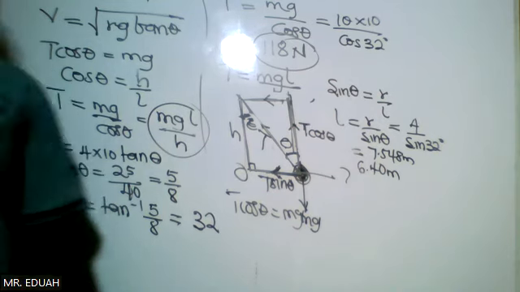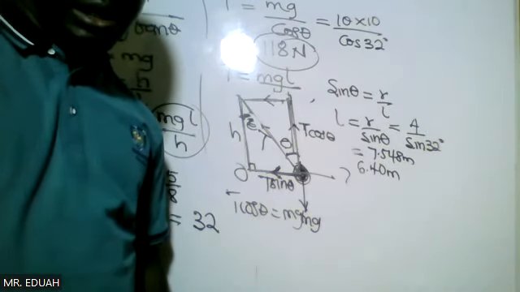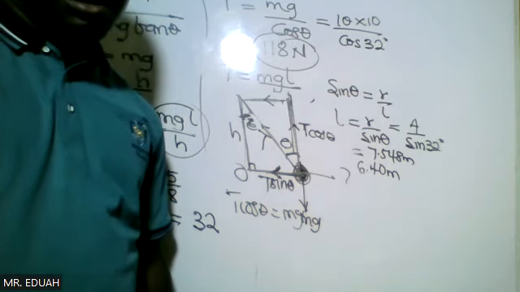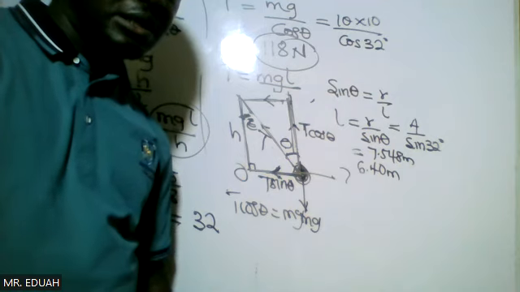Find the tension in the string. Take gravity to be 10 meter per second squared. So start work.